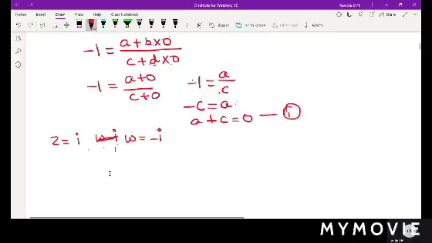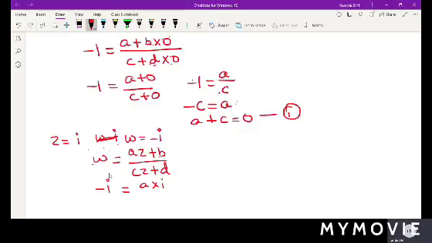Then take the bilinear transformation w is equal to (az plus b) divided by (cz plus d). Then w is minus i, a into z is i plus b, whole divided by c into z, here i, plus d.